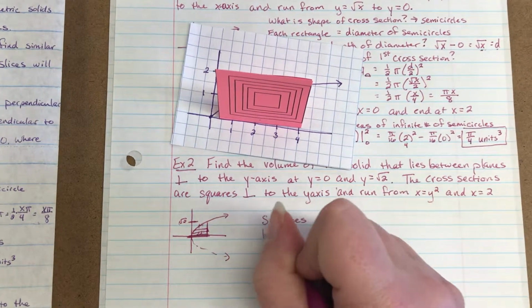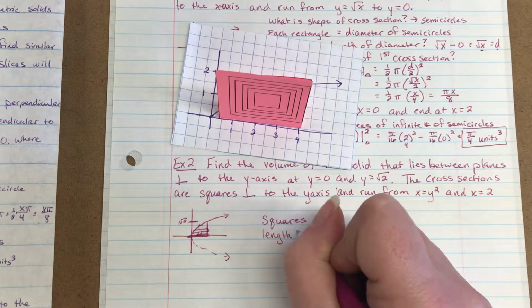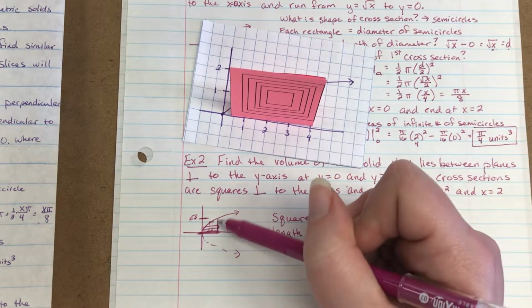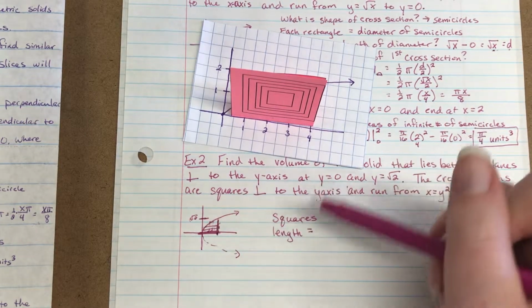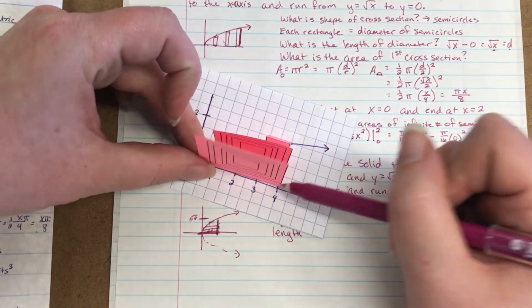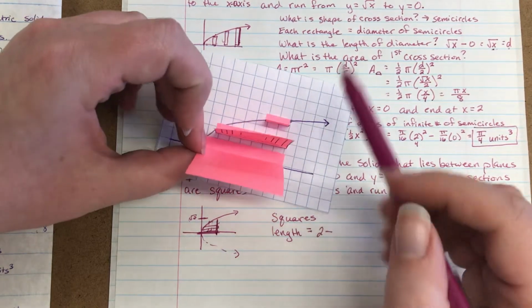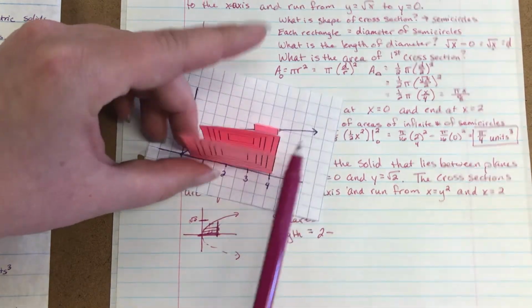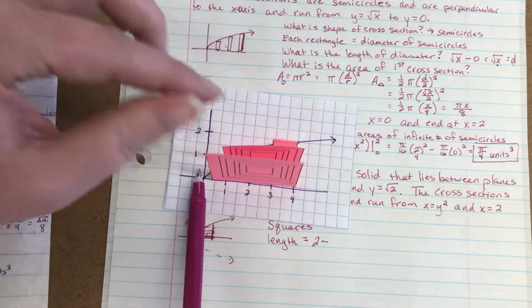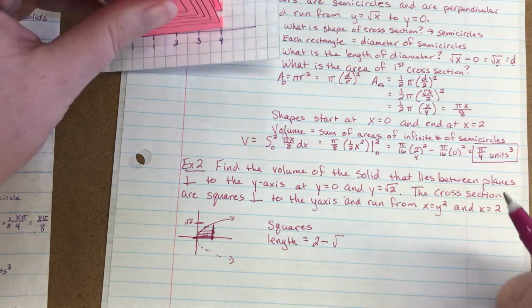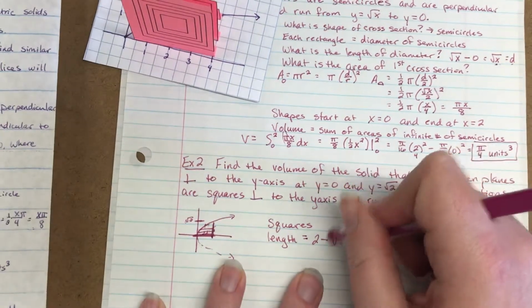So to find the length of a side, basically I have to take 2, because that's as far this way as it comes, minus, because I take right minus left, so 2 minus y squared.